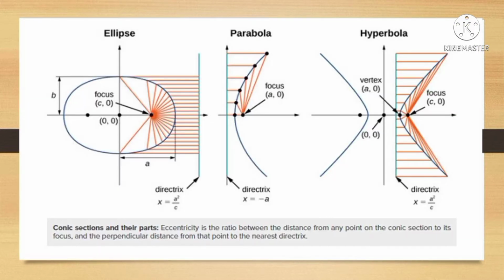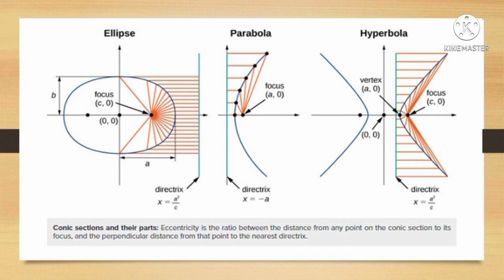Recall that hyperbolas and non-circular ellipses have 2 foci and 2 associated directrices, while parabolas have 1 focus and 1 directrix. In the next figure, each type of conic section is graphed with a focus and directrix.